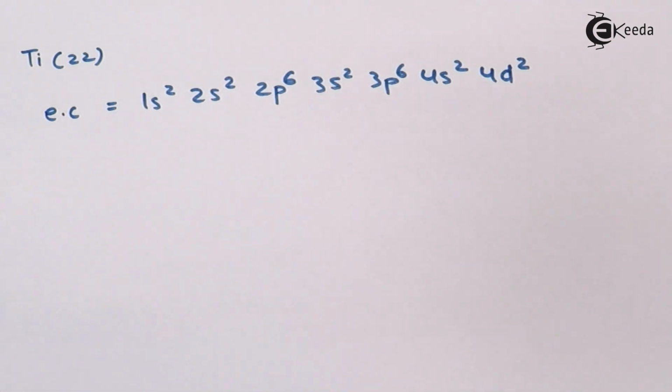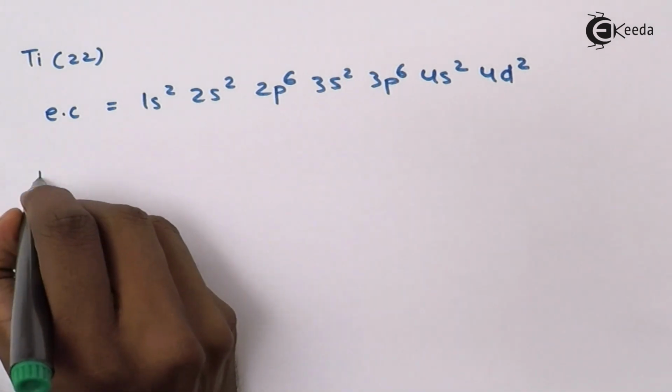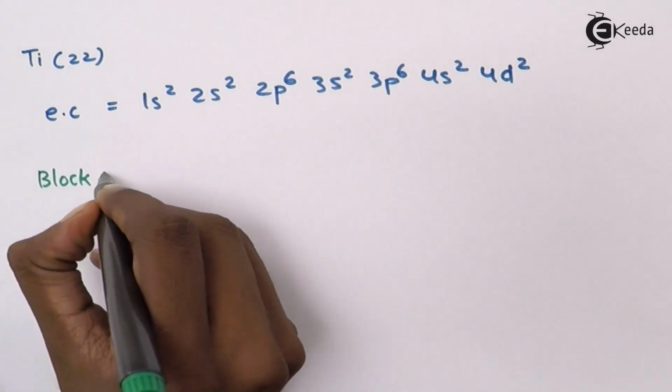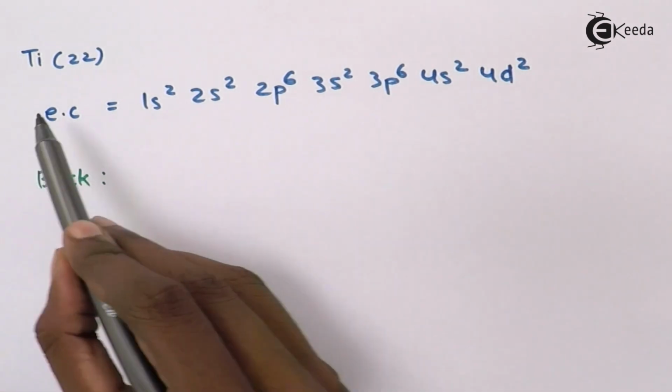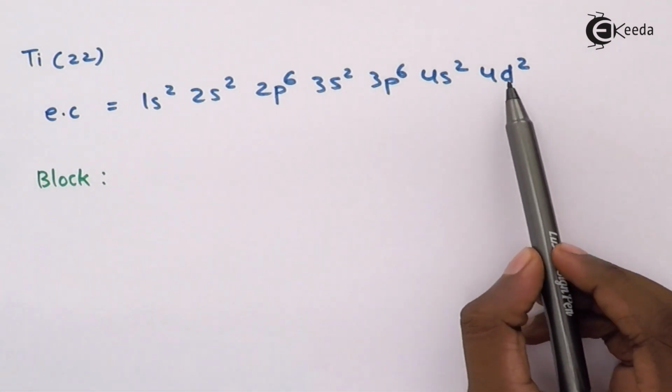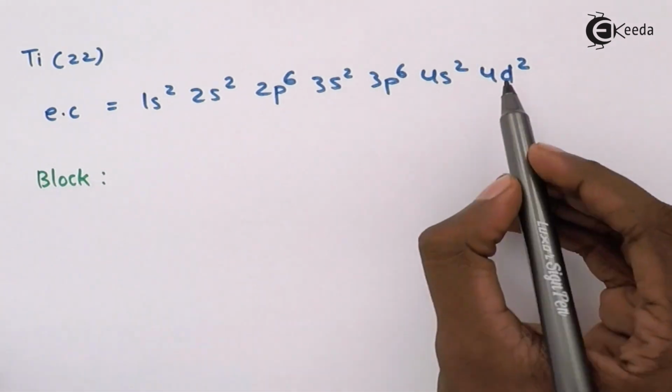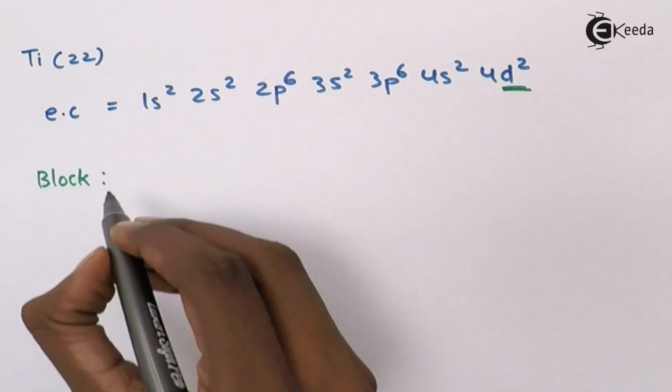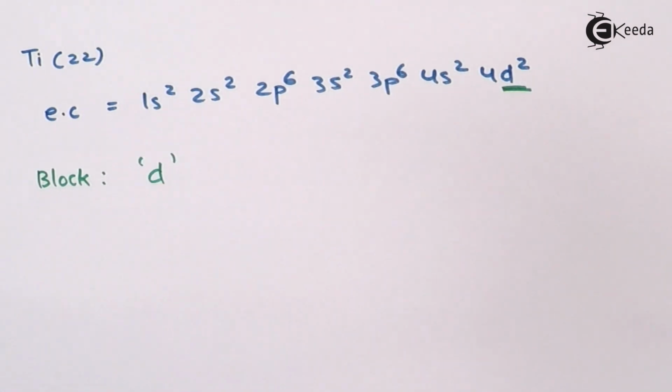First of all, we have to find in which block it is present. The outermost or last subshell I can see is d, so obviously it belongs to the d block.